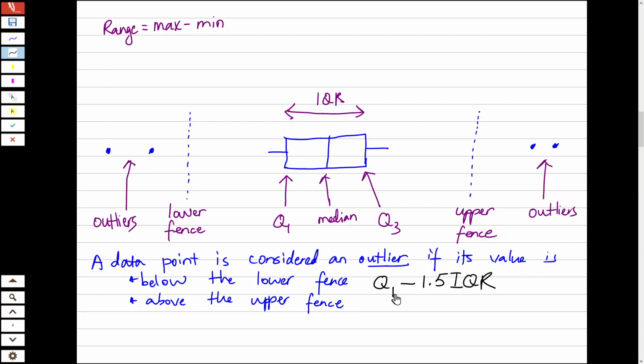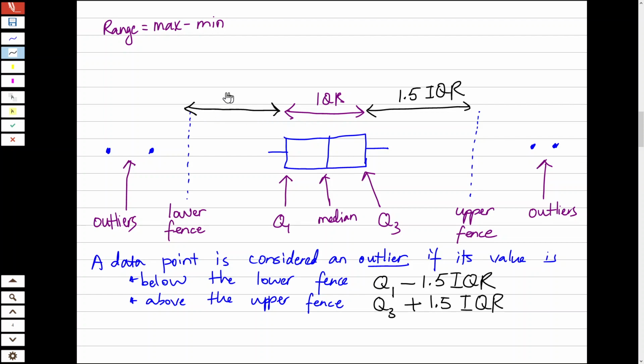And the upper fence is Q3 plus 1.5 times the interquartile range. All right, so make sure you've got the black writing down.